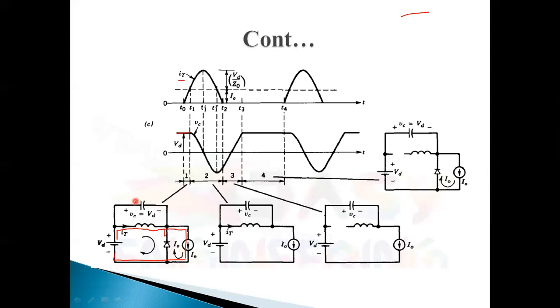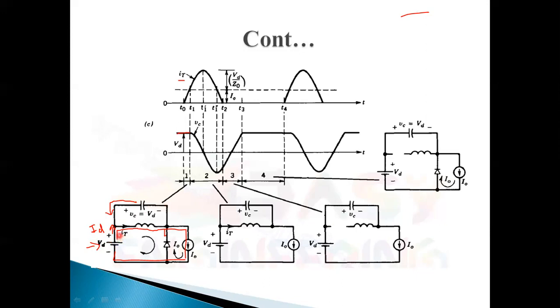So what will happen? The current of the VC capacitor flows through this direction and opposes the current of this VD voltage, the main source voltage. If you consider the current flowing through this VD voltage as ID, it opposes the ID current.